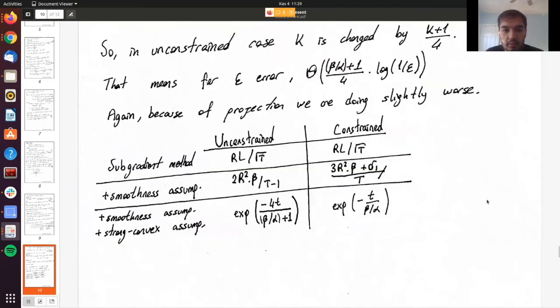And here's the summary. Here are the complexities for how the suboptimality scales for the three methods. One important thing is that for the subgradient method, the scaling did not change, while for the other methods we were doing worse in the constrained case.